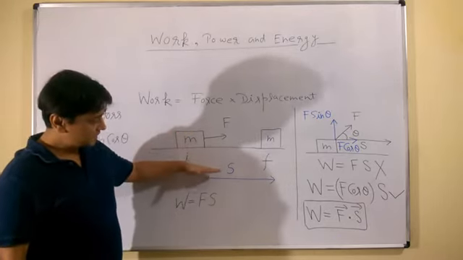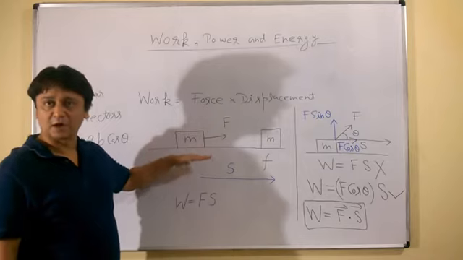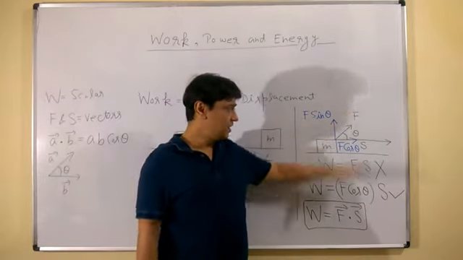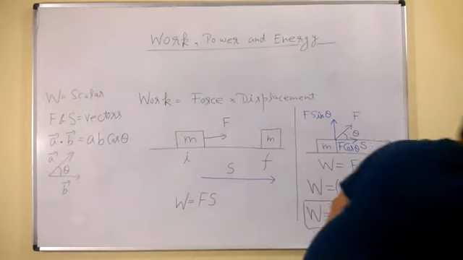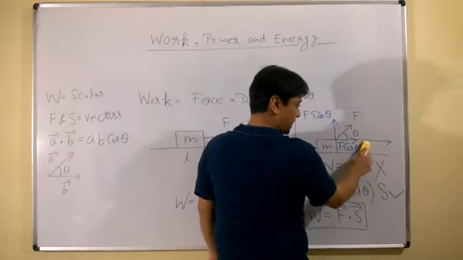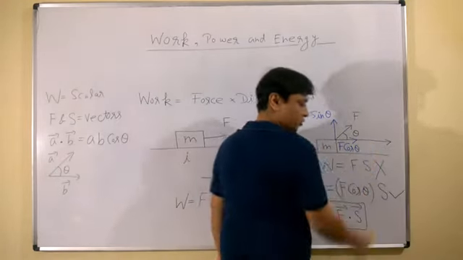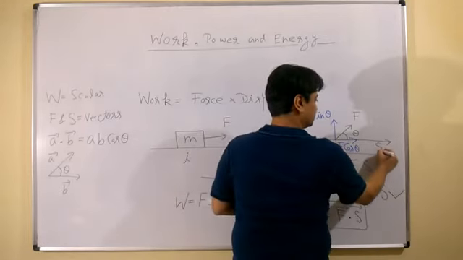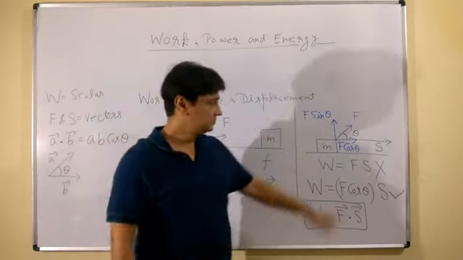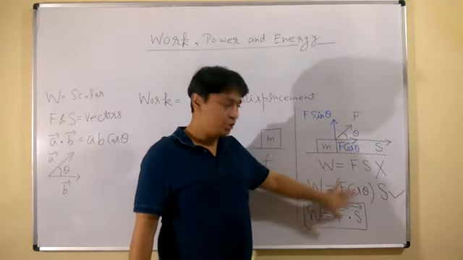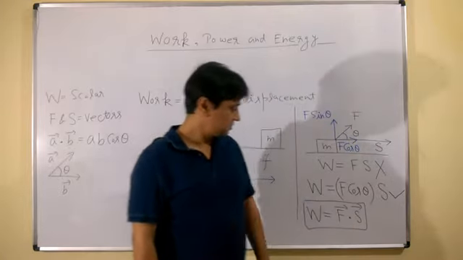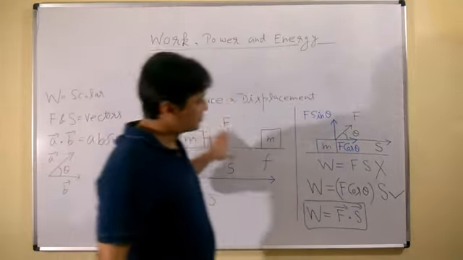Force and displacement, they both are in the same direction. If force makes an angle of theta with the direction of displacement, then that's how you answer your work part. F dot S. Note down this much.